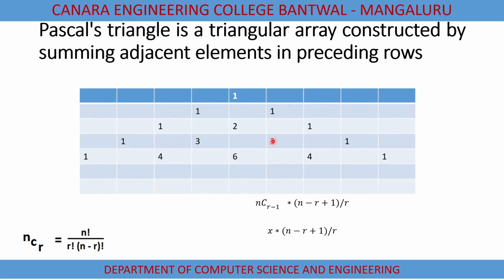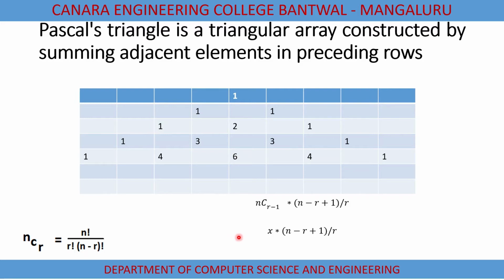So 3C0 into (3 minus 1 plus 1) divided by 1, that is 3C0 into 3 divided by 1, which is equal to 1 into 3, which is equal to 3. So this way, by taking the previous value, I can calculate the next value of the series, that is Pascal triangle.